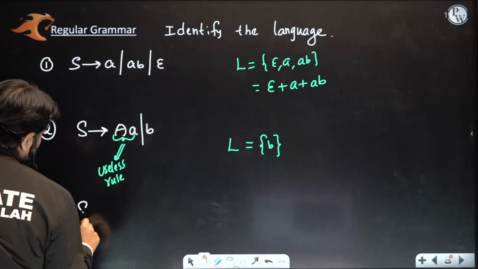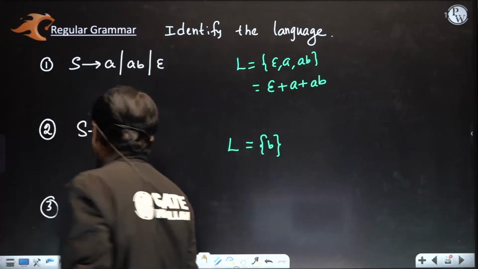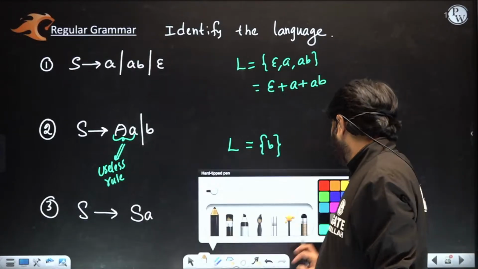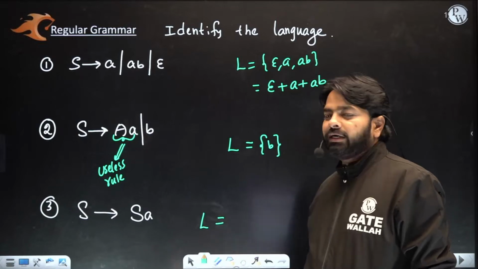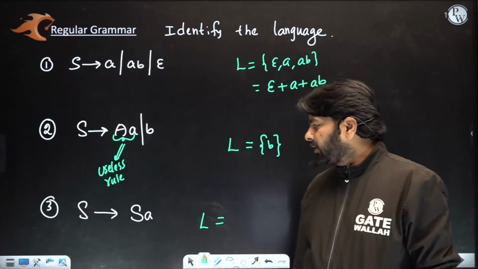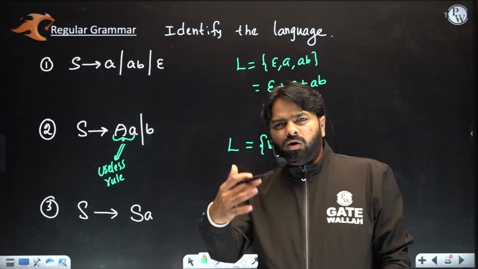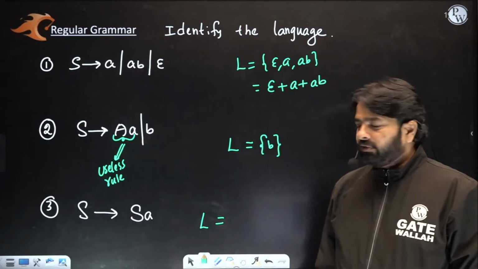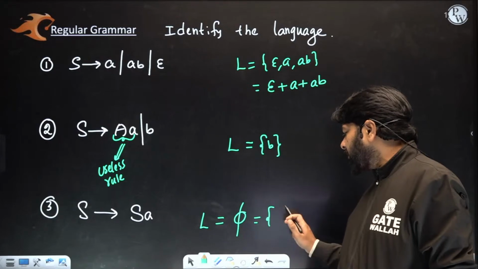In case you have something like this, S derives S A. What is the answer? Now same concept. Is there any possibility that you get a string? Is there any possibility that S can stop? Like main function calling main forever. It's going to be an empty language because it can't generate even one string.